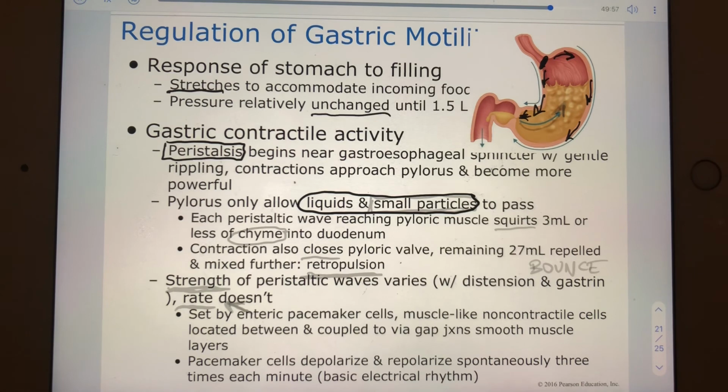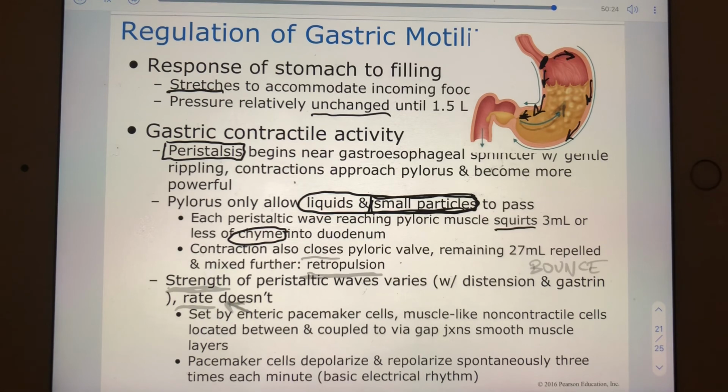It will, via the force of peristalsis, squirt only about 3 milliliters tops of chyme into the duodenum at a time. Anything that's a particle that is too large simply won't pass through. So small particles and, of course, liquids.